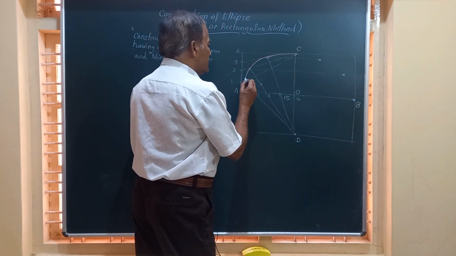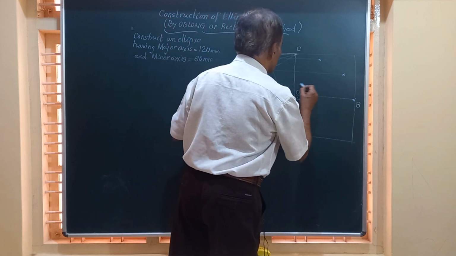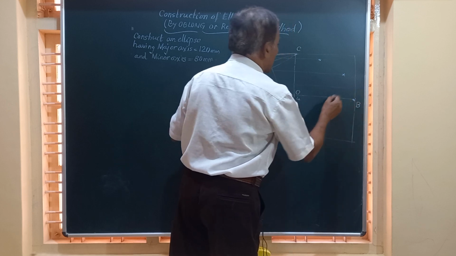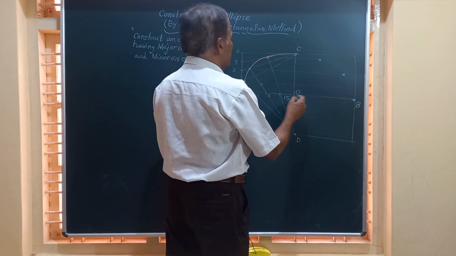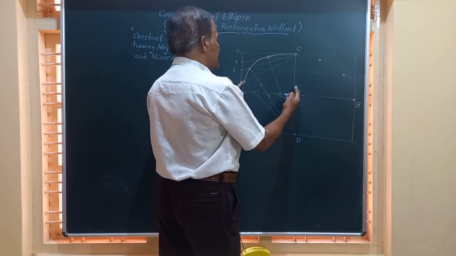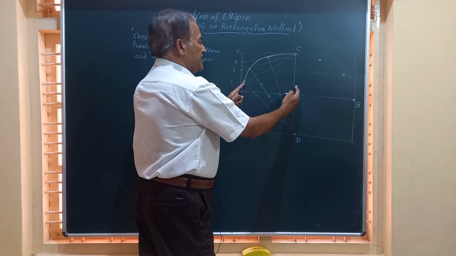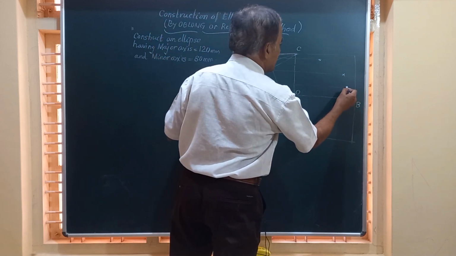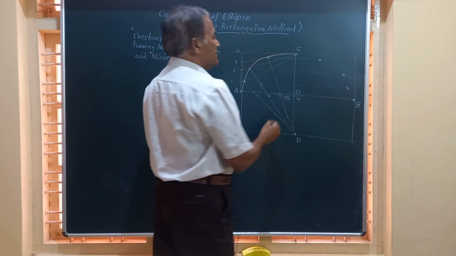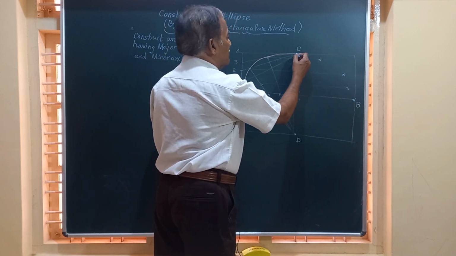Similarly, friends, draw a horizontal line through this point 1. And then here, friends, after you get that, see, you got point 1, point 2, point 3. Take the distance of this point on the ellipse till here. Mark on the other end. Friends, we have got 1, 2, 3, 4 and 5 points.